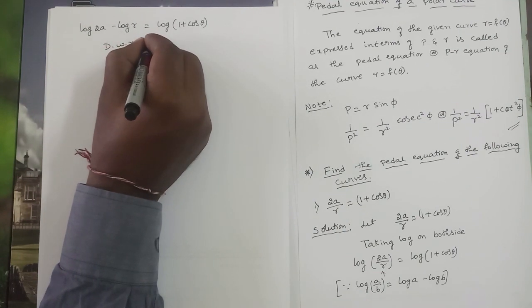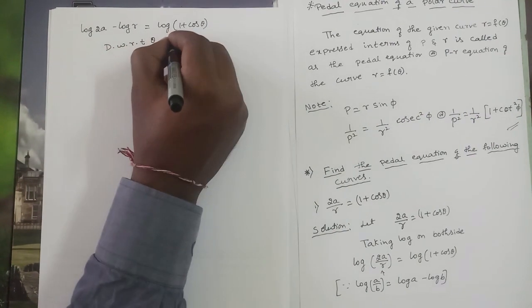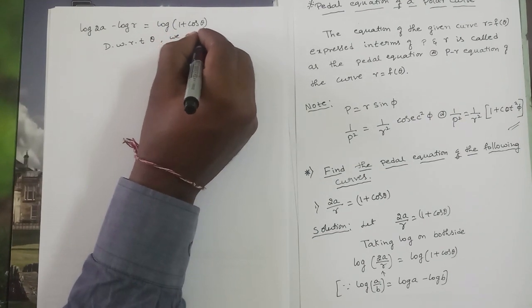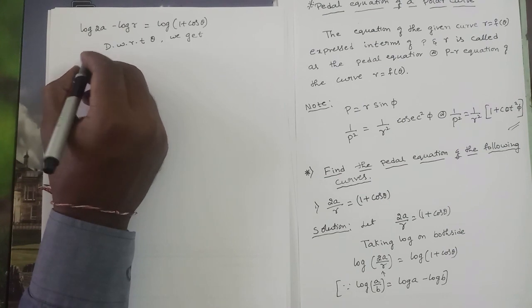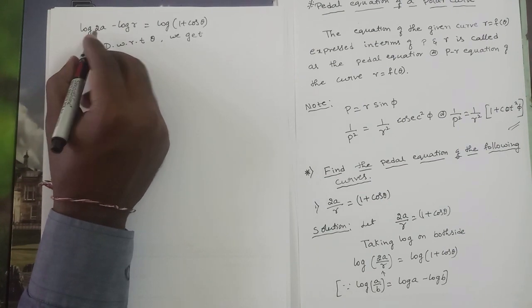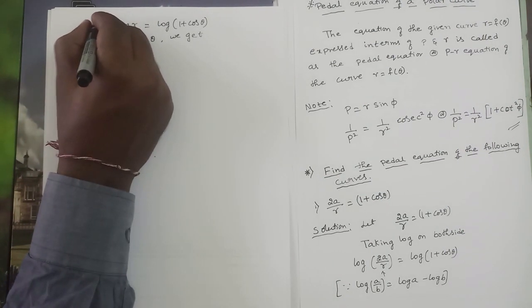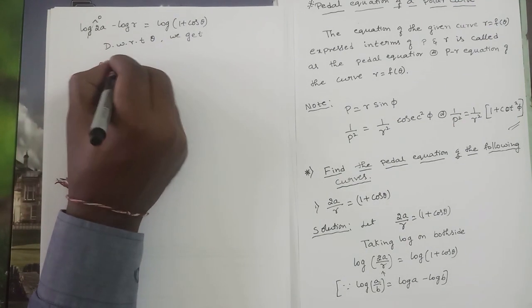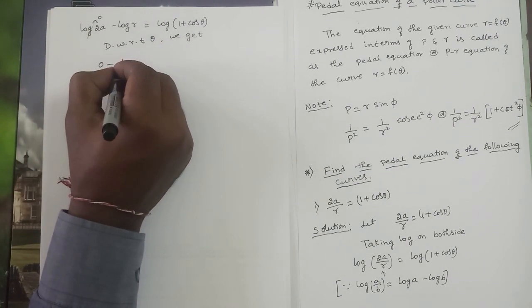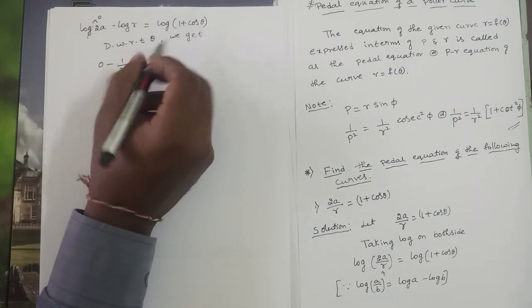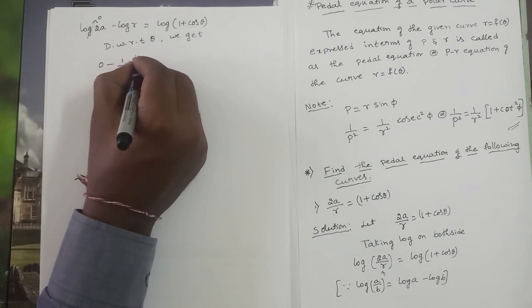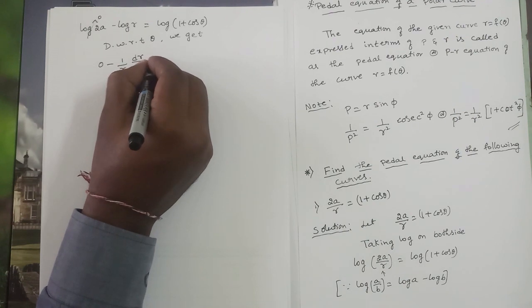Differentiating with respect to theta, 2a is constant, so this becomes 0 minus, if you differentiate log r, you get 1 by r. Since r is a function of theta, this becomes dr by d theta.